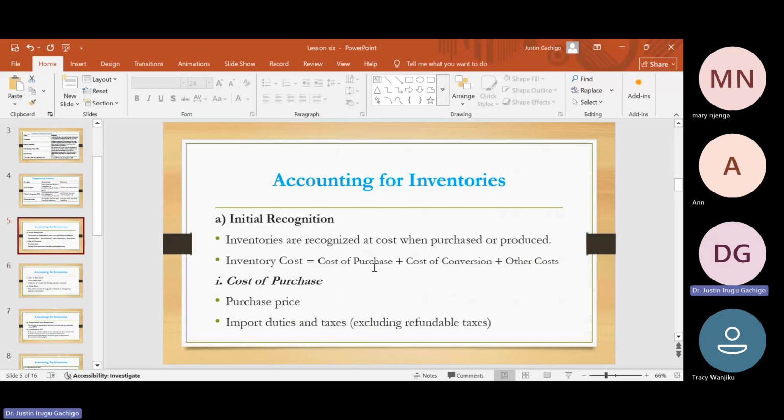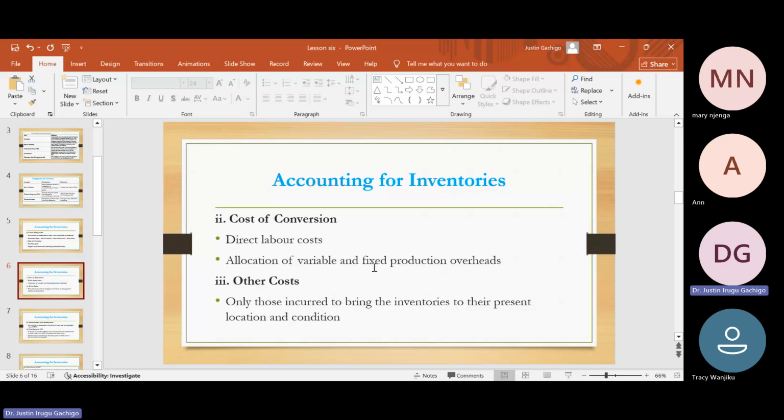We have talked about the cost of purchase, that is the initial purchase of the inventory. Then we have the conversion cost, so you add the labor. Remember, in cost accounting, we talk about the direct labor cost. We also talk about the indirect labor cost. Then any other cost that is incurred in the production.